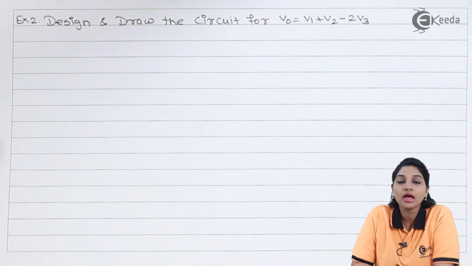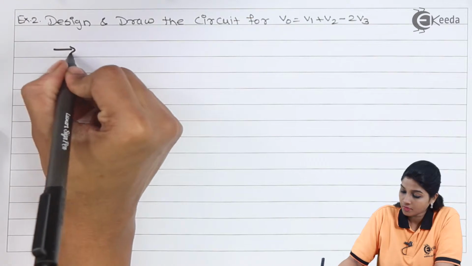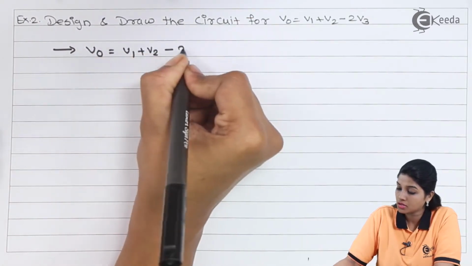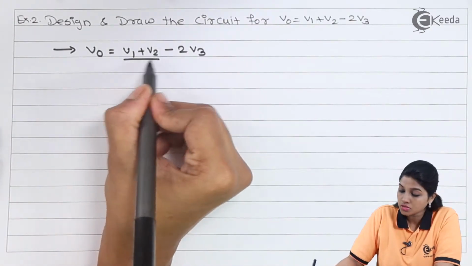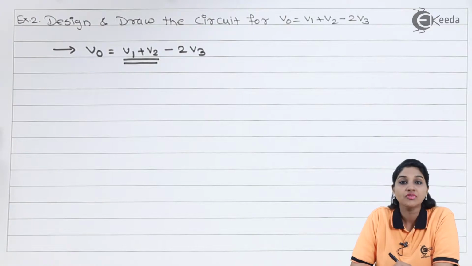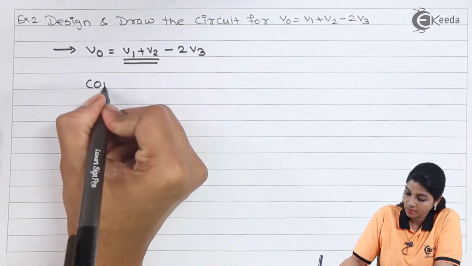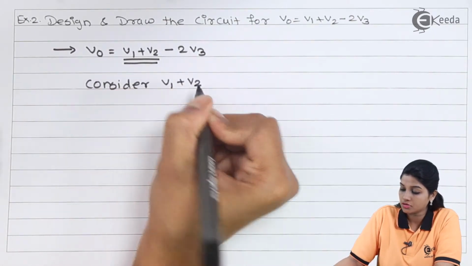So in this case, we are having two operations, that means addition as well as subtraction. So first, let's write down the output equation, which is VO equals to V1 plus V2 minus 2V3. Now first concentrate on the first two terms, that is V1 plus V2. This is nothing but the adder, so we can write, consider V1 plus V2.